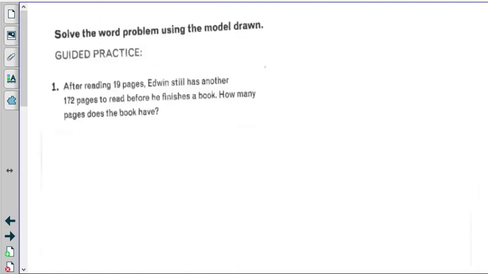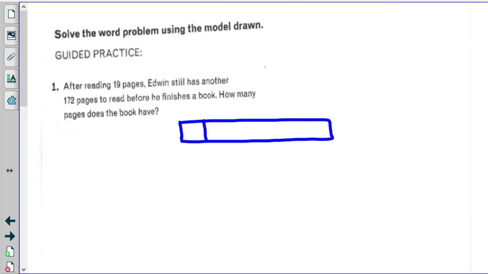So let's go to the next page, page 30. After reading 19 pages, Edwin has another 172 pages to read before he finishes a book. How many pages does the book have? So the before model is, I don't know how many he has. But after he finishes reading 19 pages, a very little part of the total book, how many pages does the book have in total?